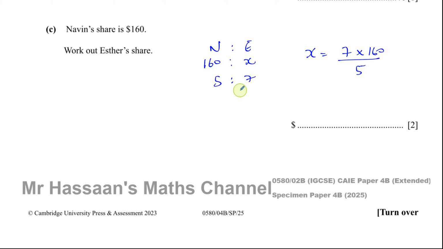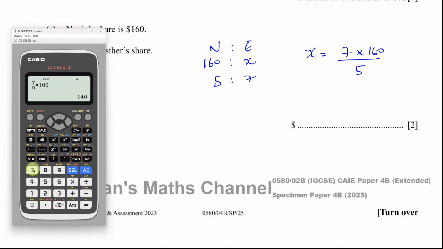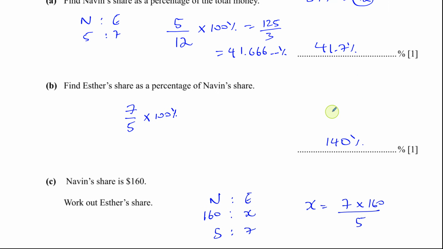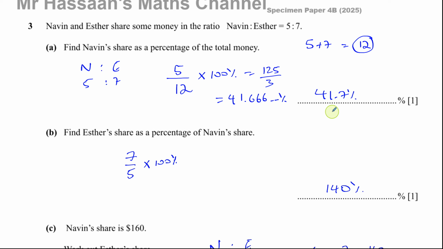So X is 7 times 160 divided by 5, which gives us $224. There's the answer to part C of question number 3, which is basically all about ratios.